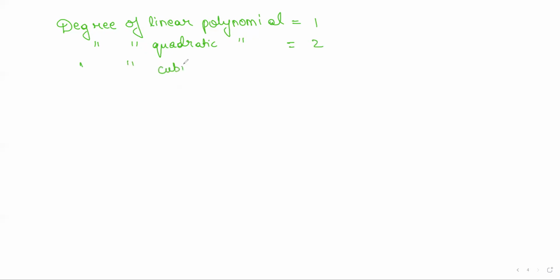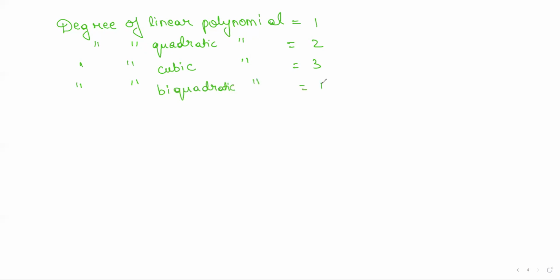Degree of linear polynomial is equal to 1. Similarly, degree of a quadratic polynomial is 2. Degree of cubic polynomial is 3. Degree of biquadratic polynomial is 4.